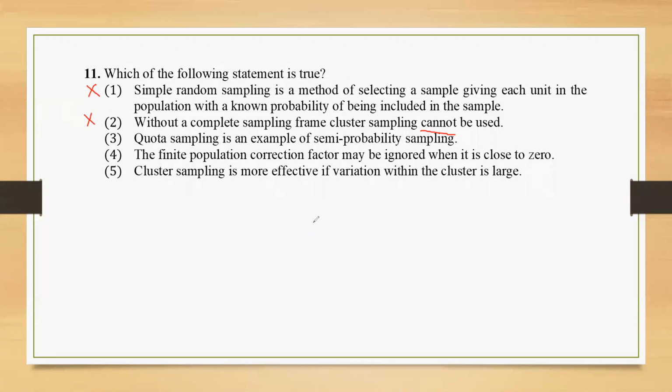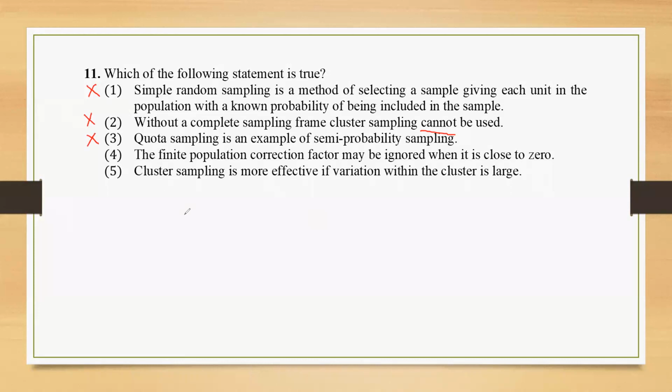So both random and non-random features are mixed in the systematic sampling technique. Therefore, auto sampling is a totally non-probability sampling technique, not a semi-probability sampling technique. So the third statement is also incorrect, right? The first one is incorrect, the second one is incorrect, and the third one is also incorrect.